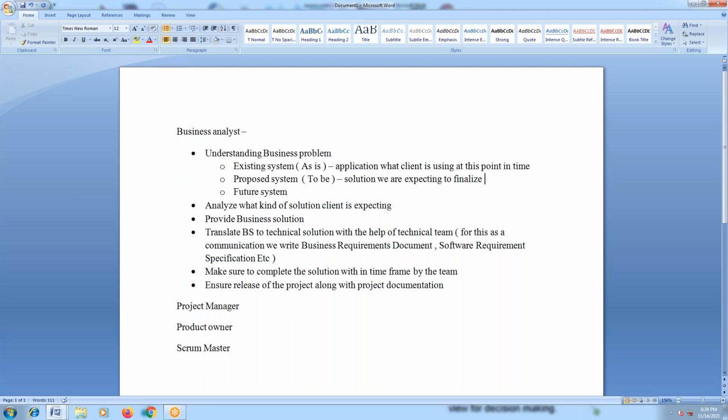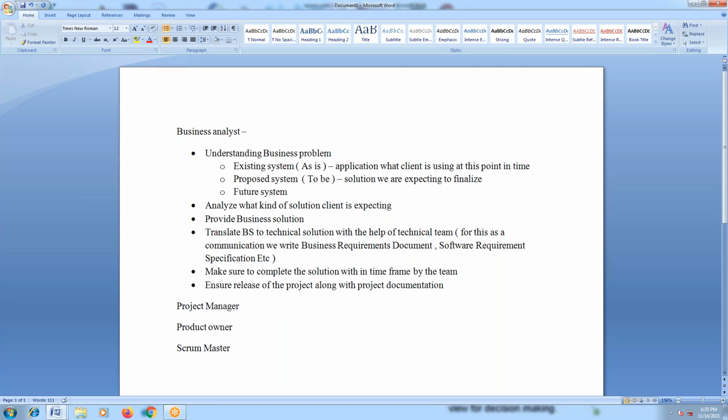So my plan of action is to see from the long term perspective. For any business, any organization, retaining customers is more important, irrespective of whether it is IT or non-IT. So understanding what the future system or future requirements the customer may have is needed here.